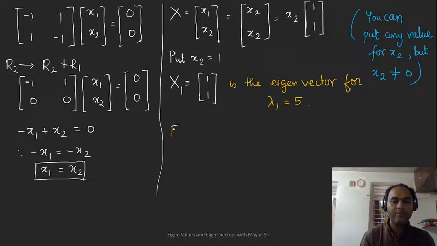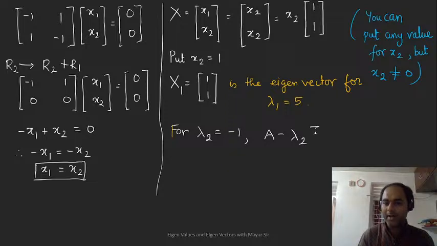We go now for lambda 2. Lambda 2 is minus 1. What do we do here? The formula is (A minus lambda 2 I) times x equals 0.